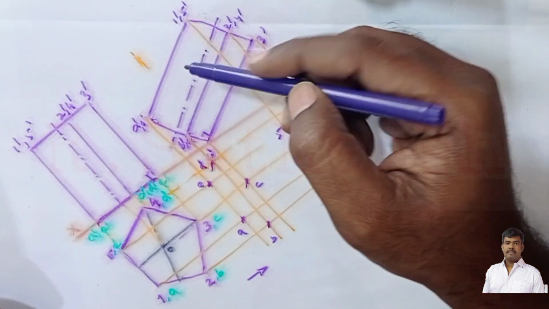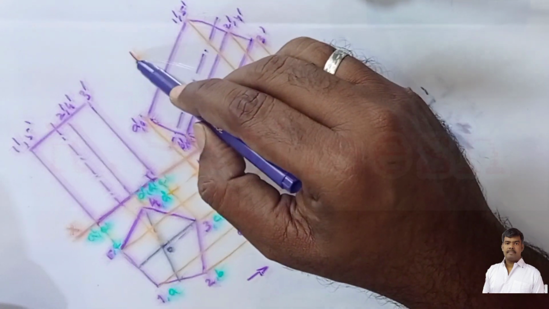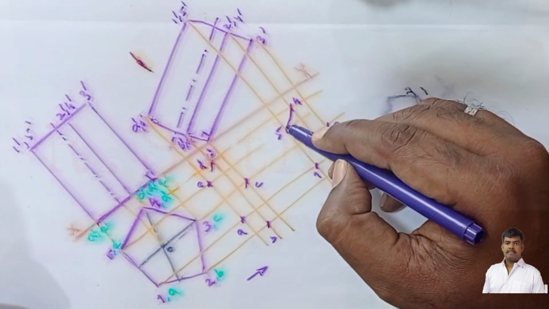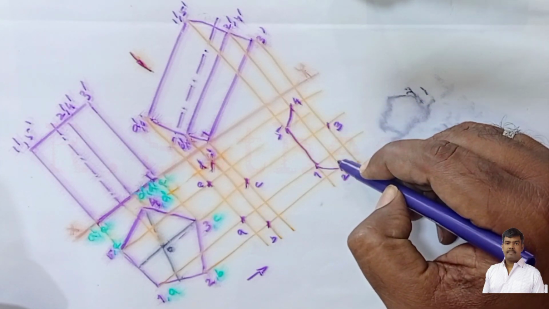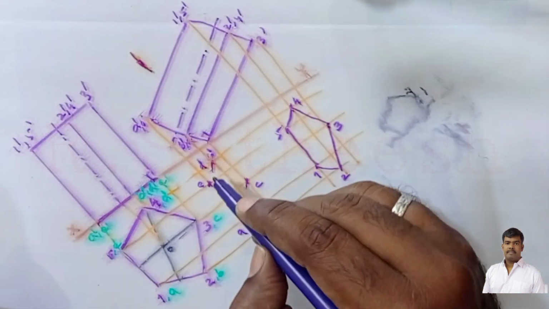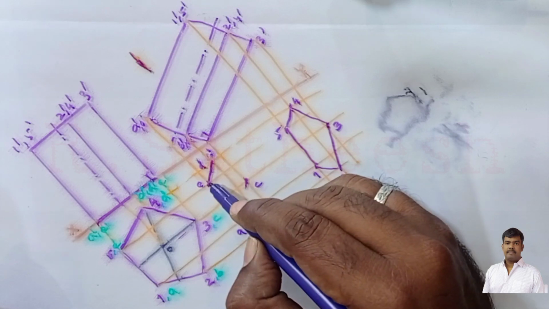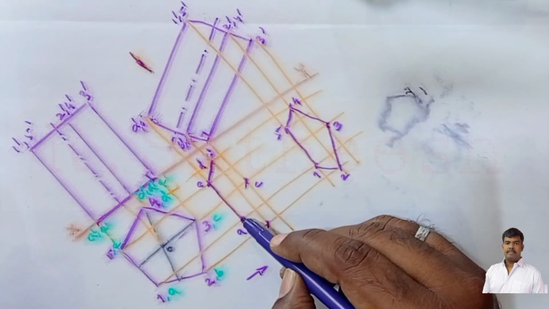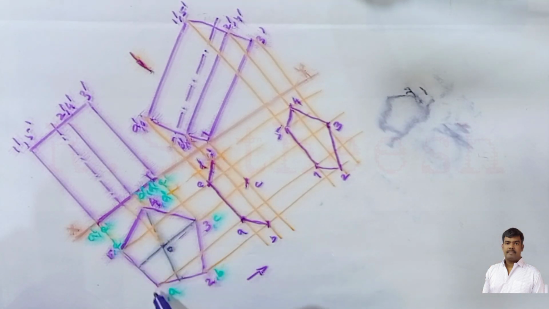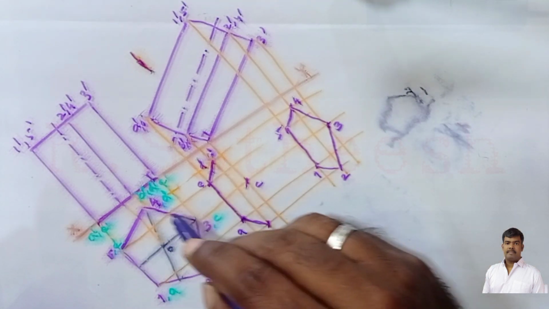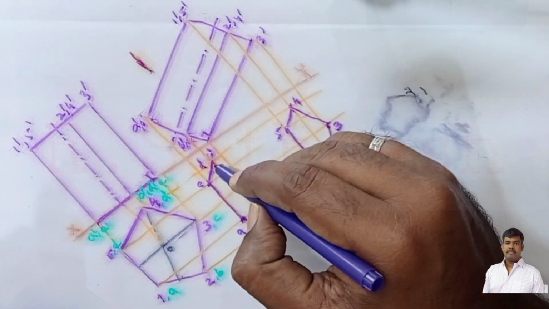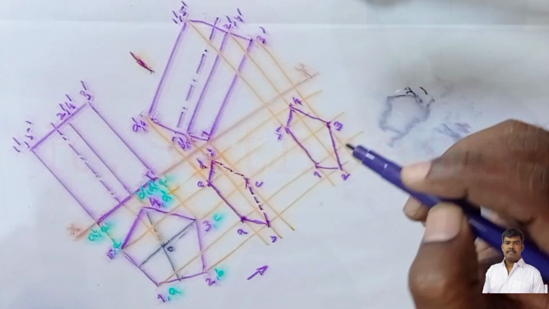While seeing the top view, the top pentagon surface is fully visible, but the base is 50-50. D to E, E to A and A to B are visible, but B to C and C to D are invisible.